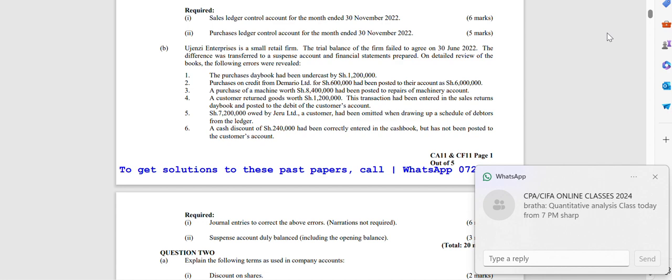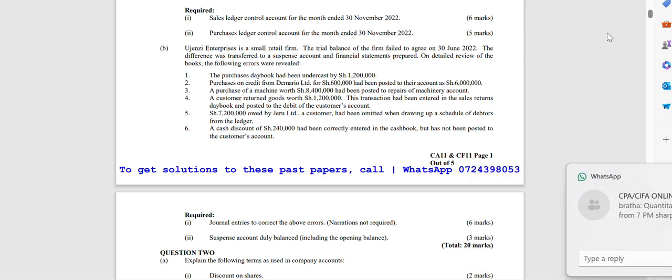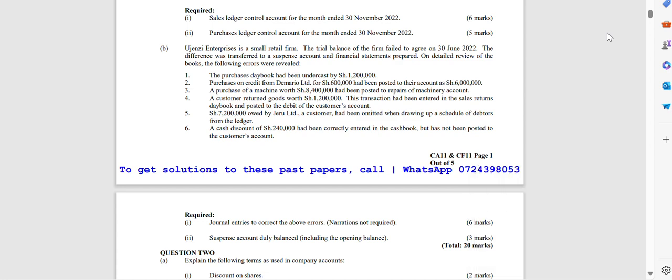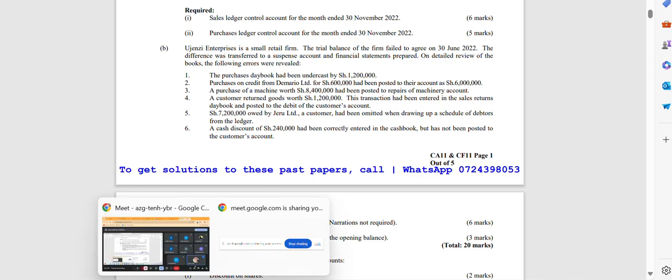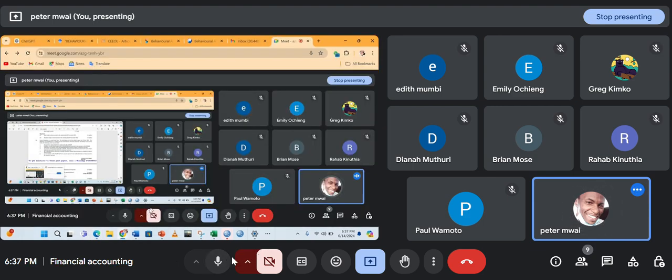Ati huyu anasema quantitative analysis class 7. Kwani mko na QA 7? So someone to volunteer and read this question, at least tufanye hii swali. Give me 1 minute nakuja. Just 1 minute, I'm coming back.